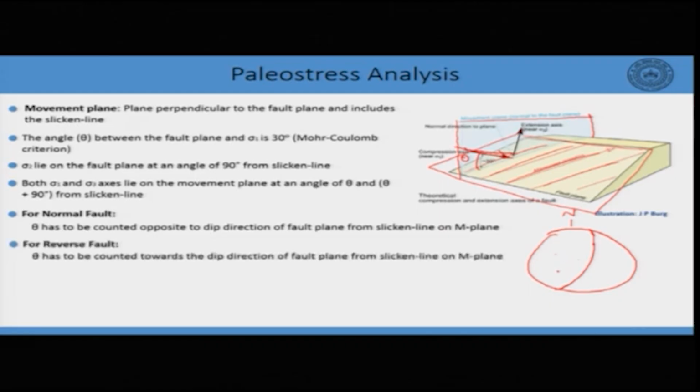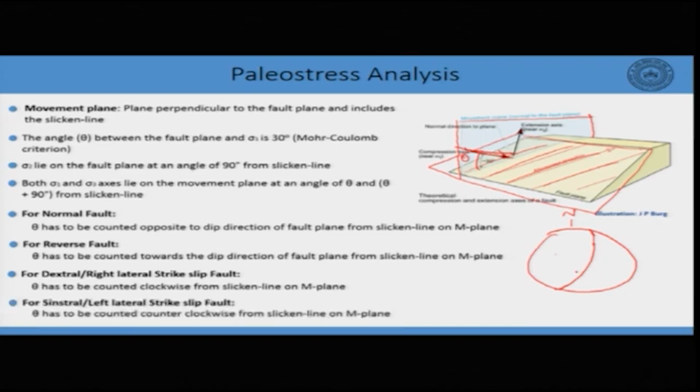For the reverse fault, we count theta towards the dip direction from the striation line on the movement plane. For a dextral or right lateral strike slip fault, theta has to be counted clockwise from the striation line on the movement plane, and for a sinistral or left lateral strike slip fault, theta has to be counted counterclockwise from the striation line on the movement plane.